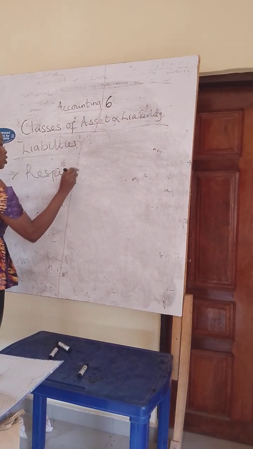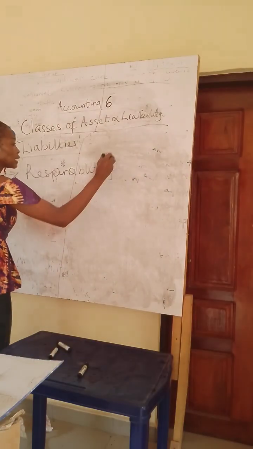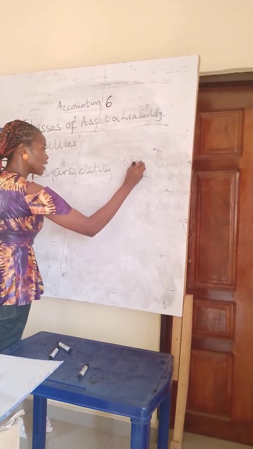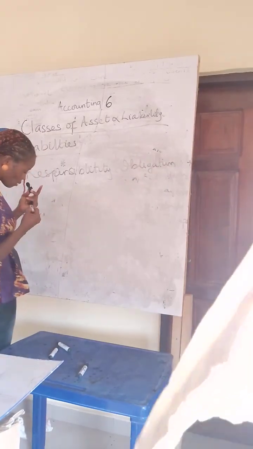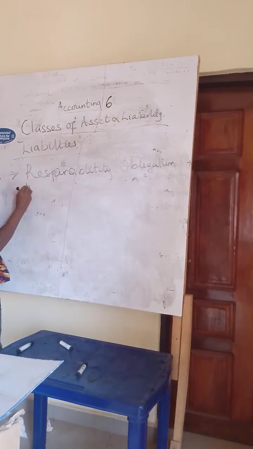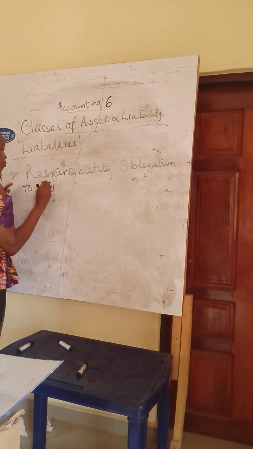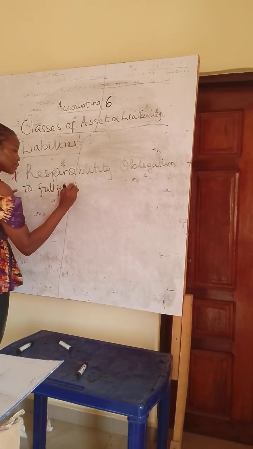When you're responsible for something, it means you are liable. A responsibility, an obligation, you are obliged. You have a responsibility to fulfill payments.